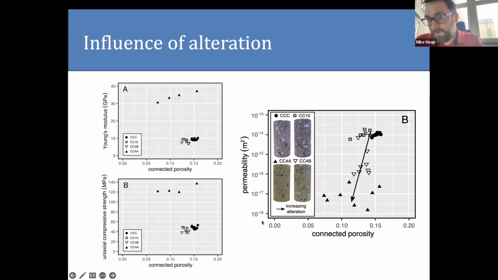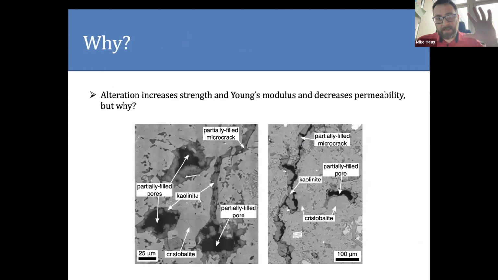Some 3-4 orders of magnitude lower. And if you understand permeability and fluid pressures and distribution of fluids, then having a really low permeability is not a good idea in your volcano, because it can create pore pressures which can influence the stability as well. So the alteration here has increased the strength but decreased the permeability by a lot.